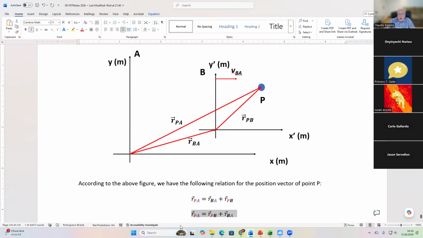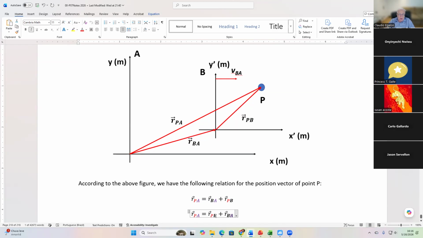Okay, so here you go. Vector position of point P is on the left side, and vector position of point P is on the right side as well. Vector position of point P with respect to A. We also have another one that contains A here. And on top of that, B doesn't appear on the left side, right?